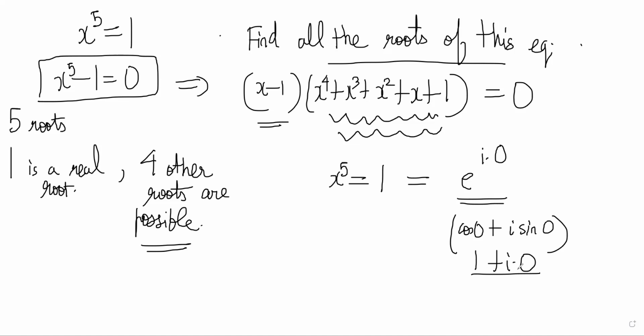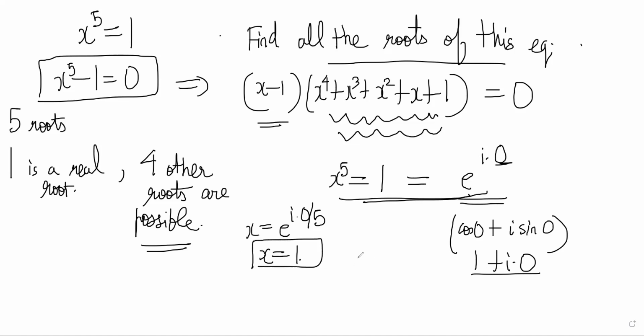If I write x is equal to e power I 0 by 5, I will get one root, x is equal to 1. But what I want is not one root, I want 5 roots.